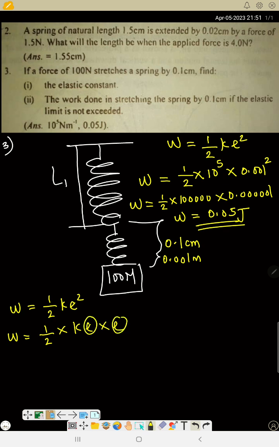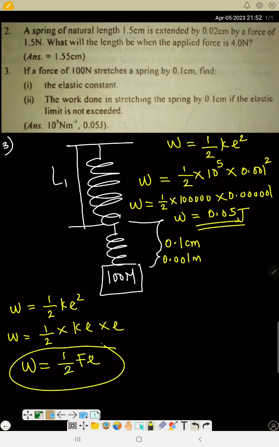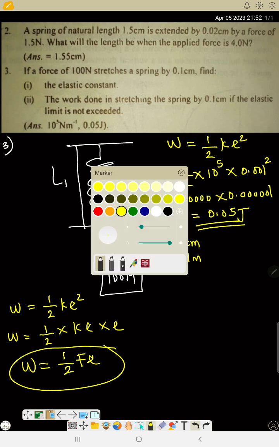Remember, e times e will be e squared. So what is ke? I've told you that F is equal to ke. So if F is ke, I can represent this ke as F. So that means work done is equal to half Fe. So you can also use this to find your work done.